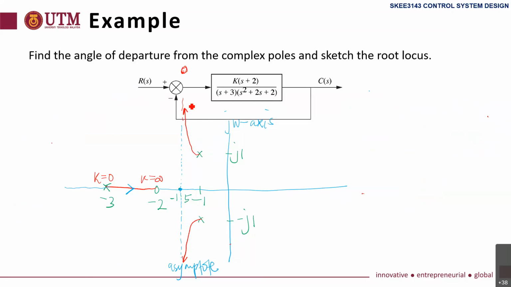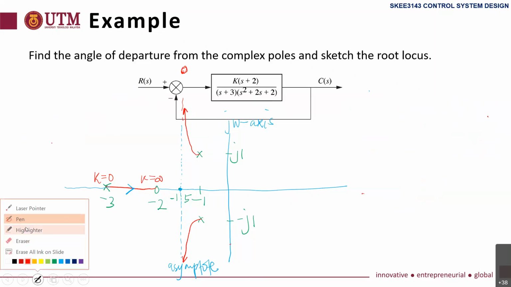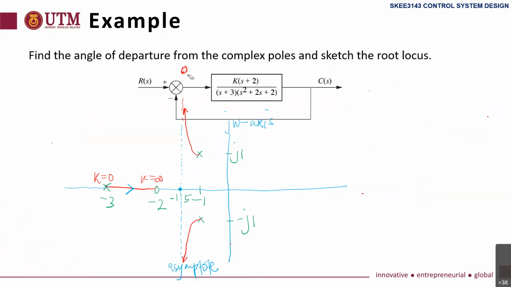Any question at this stage? Do you understand the importance of asymptote? Doctor, so in this question, there is no imaginary crossing, right? Yes. Okay, understood.